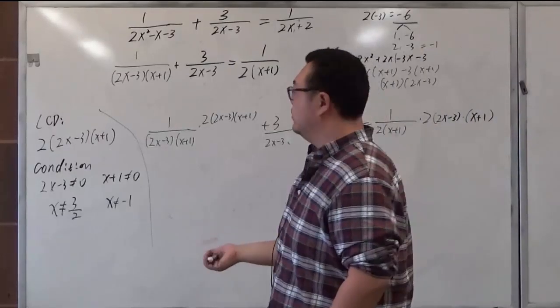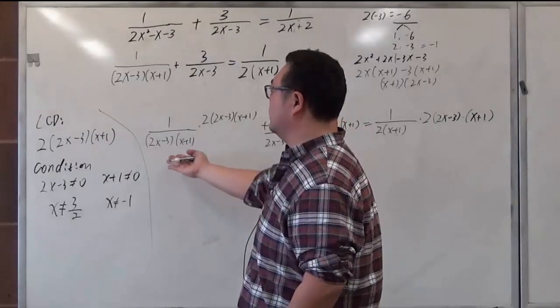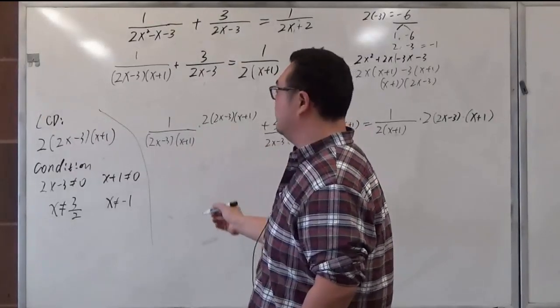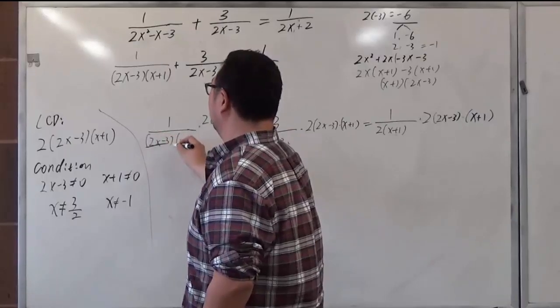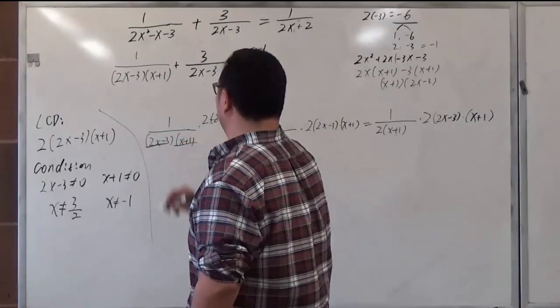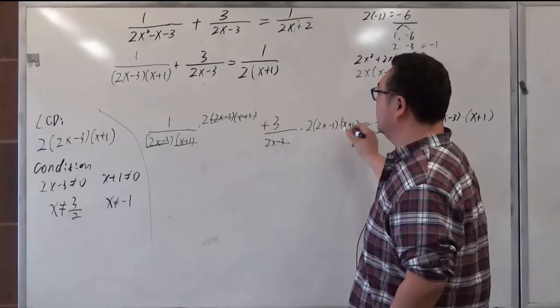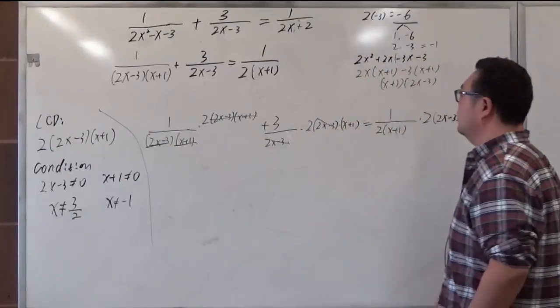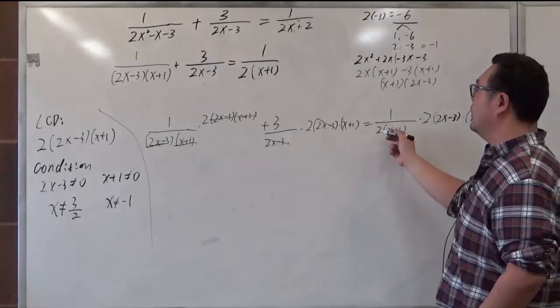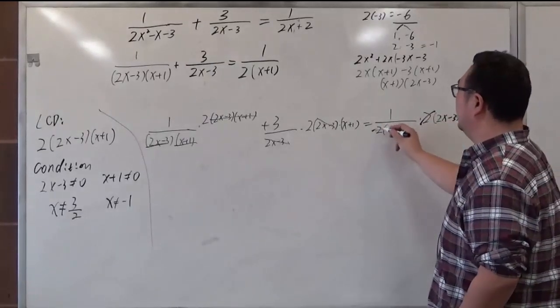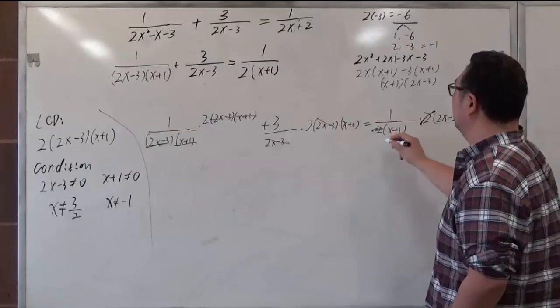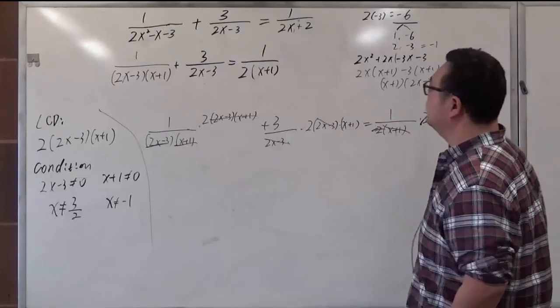After we multiply, we cancel out the denominators and see what is left over. We have 2x minus 3 and x plus 1 canceled. On the second term, 2x minus 3 cancels with the top, and on the third term, 2 and 2x plus 1 cancel.